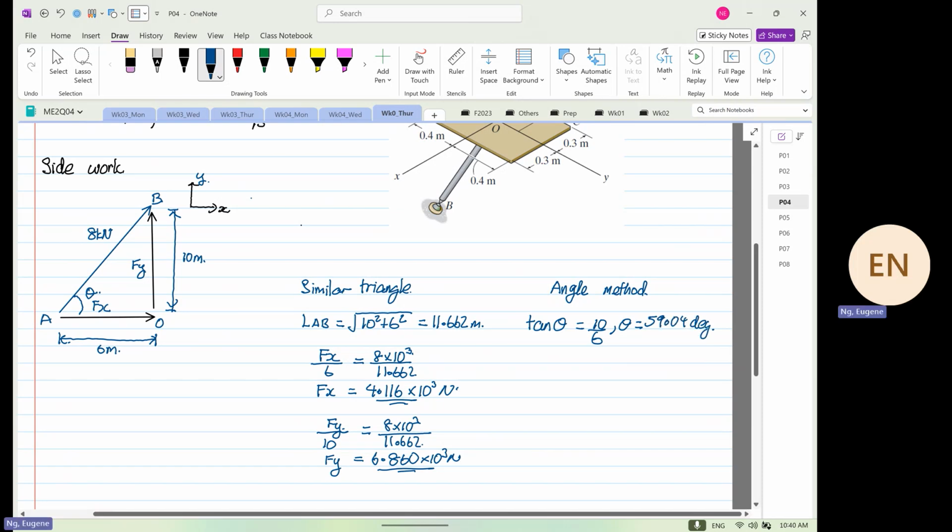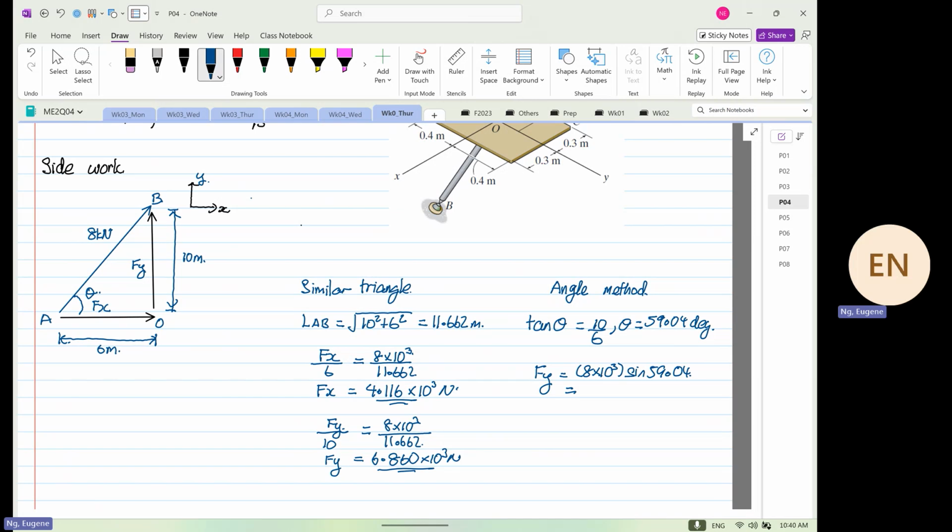So from here, when you want to find Fy, you use 8 times 10 to the power 3 sine 59.04 degrees. So this will be equal to sine 59.04 times 8 times 10 to the power 3, which is 6,860.